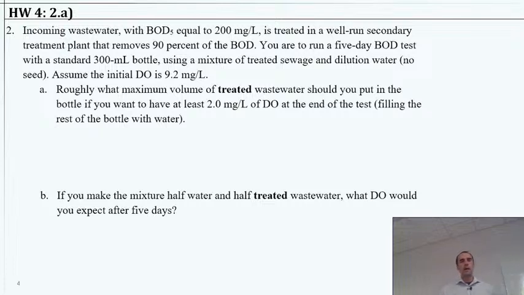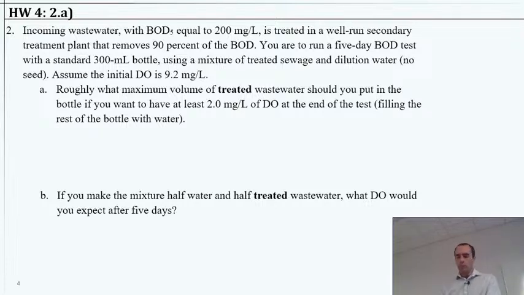And so then part A says roughly what maximum volume of treated wastewater should you put in the bottle if you want to have at least 2 milligrams per liter of DO at the end of the test, and you fill the rest of the bottle with water.